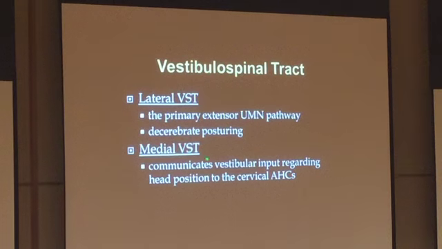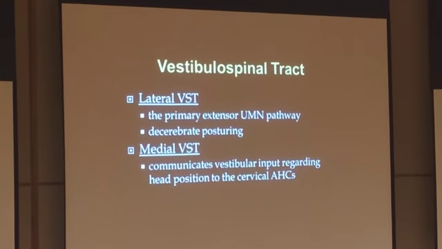Okay, the medial vestibulospinal tract, so you can tell from the name, this comes from vestibular nuclei in the brainstem. So there's a lateral vestibular nucleus and a medial vestibular nucleus. The medial vestibular nucleus is getting information from the inner ear and is continually relaying that to the cervical spinal cord anterior horn cells so that your neck movement coordinates with what's going on in your inner ear.